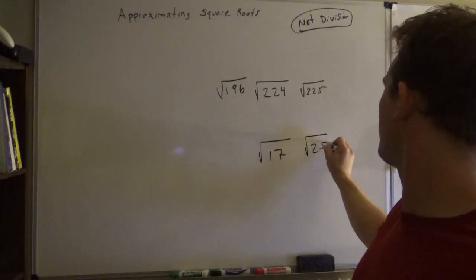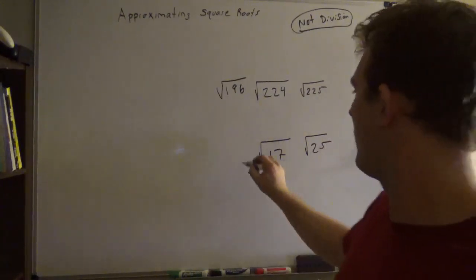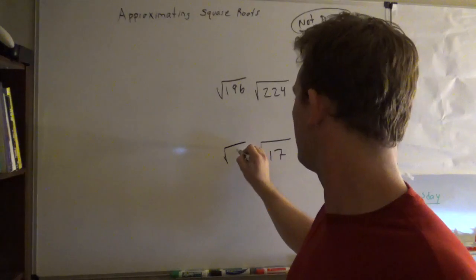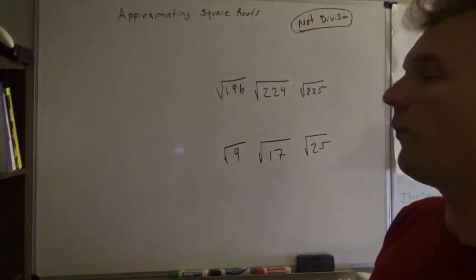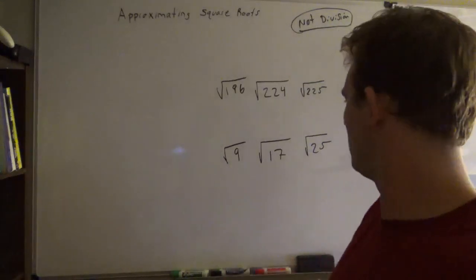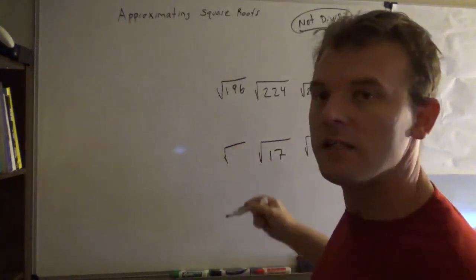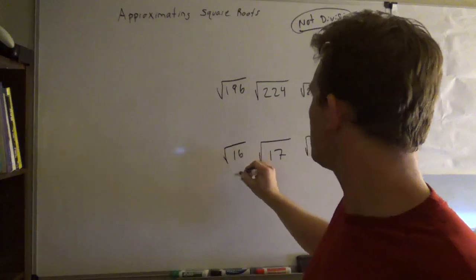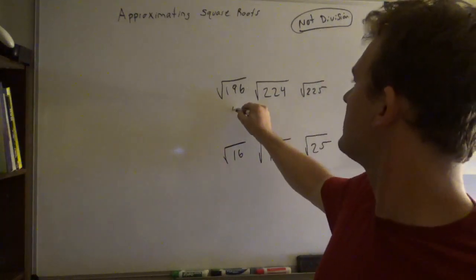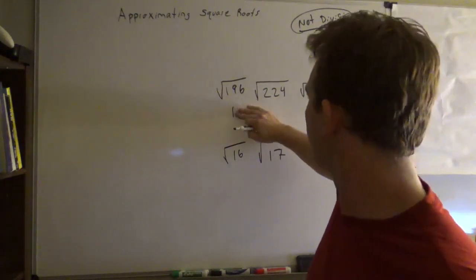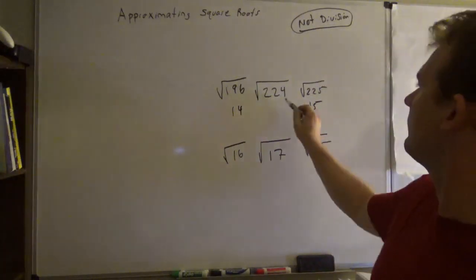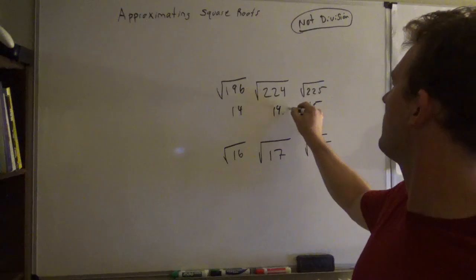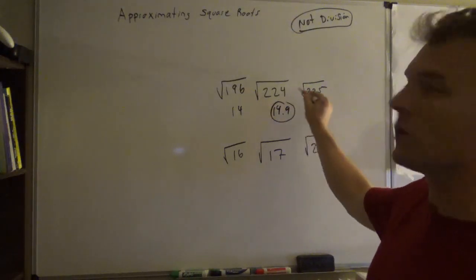Maybe 25. Oh, wait a second. It's not 9, is it? Try 16. So this is 14. This is 15. So it's about 14.9 because it's closer to there.